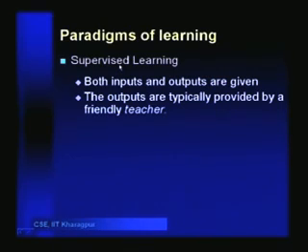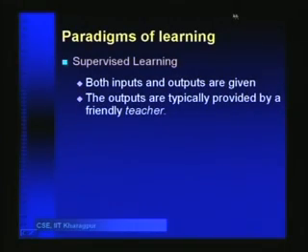It is a mapping from inputs to outputs. So, in supervised learning, the training set that is given to us consists of valid input output pairs. For this input we have this output, for this input we have this output, and our objective is to learn the function in a succinct way.